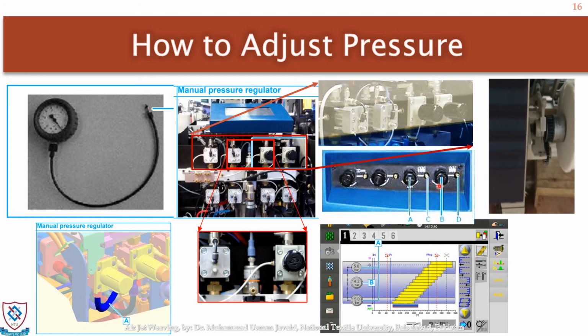Of course these regulators are for different tanks available on the machine, some maybe for the main nozzles, and some for the sub nozzles. And we can adjust the pressure over here. The amount of pressure can be displayed on this meter.